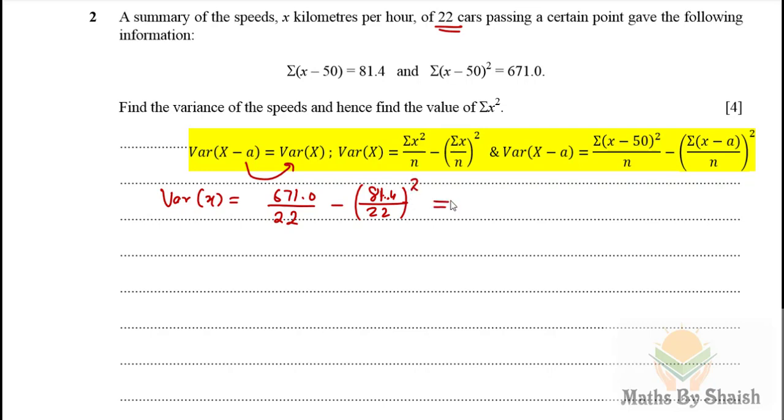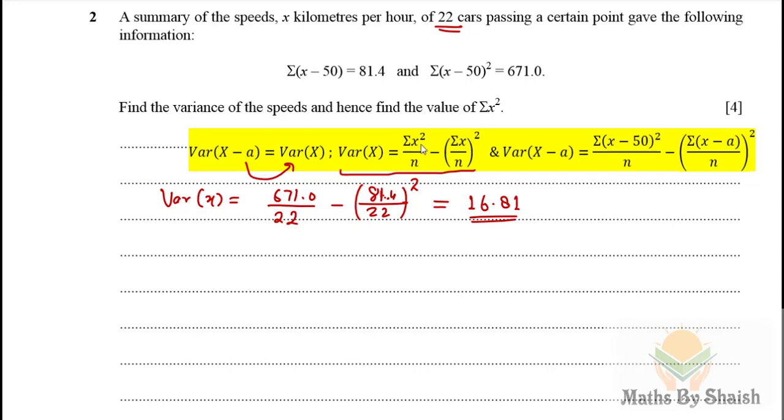We will calculate it by calculator, and from the calculator we are getting 16.81. This is the variance of x.